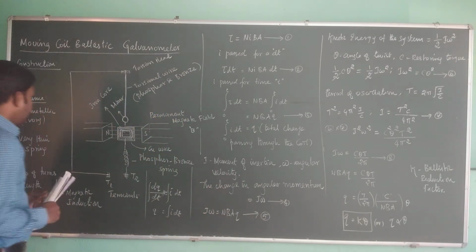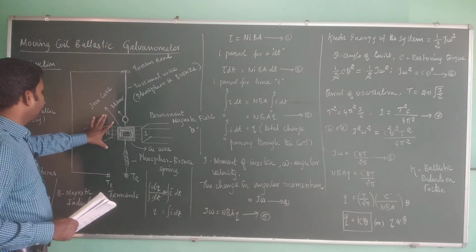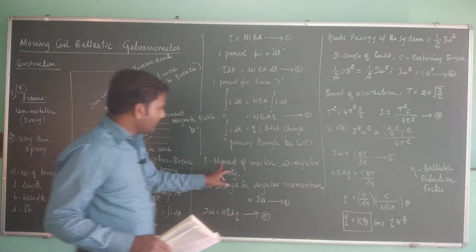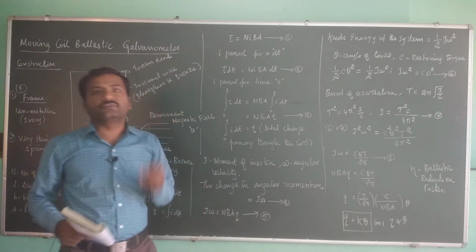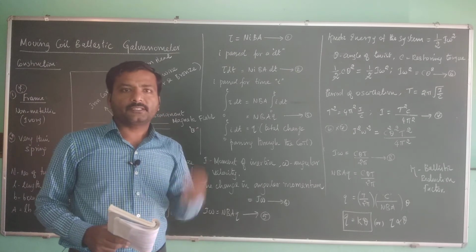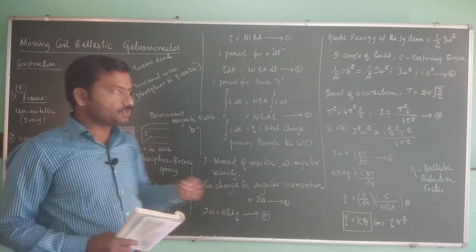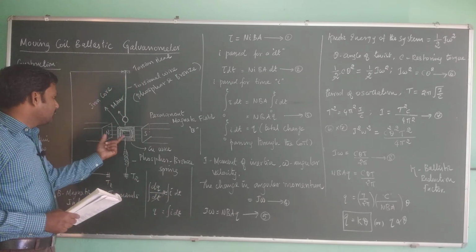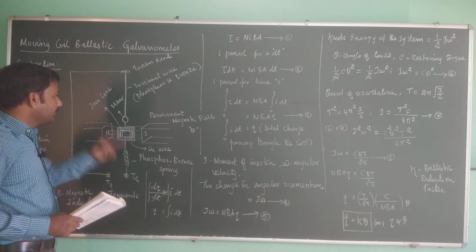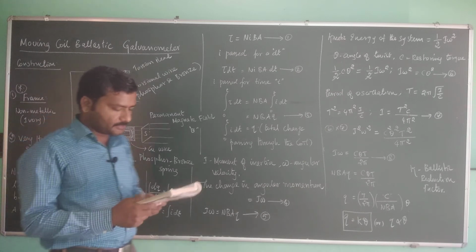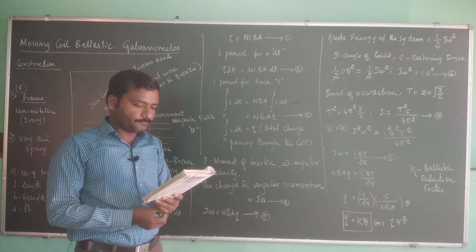In this setup, the moment of inertia of the ballistic galvanometer is assumed to be very high, so that this twist will be very quick, right?